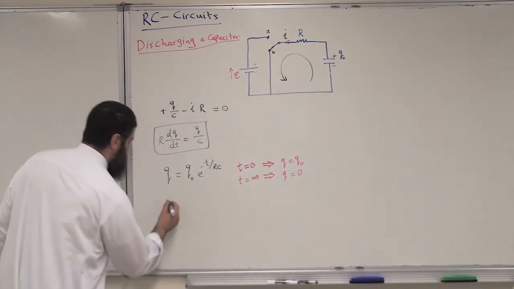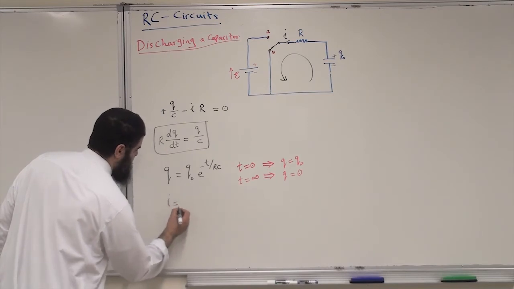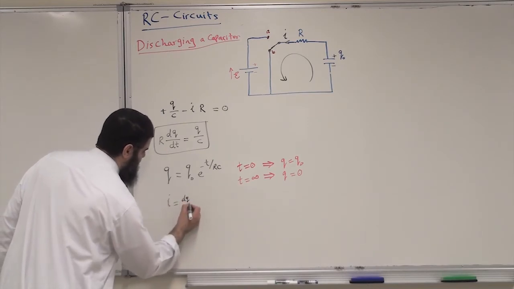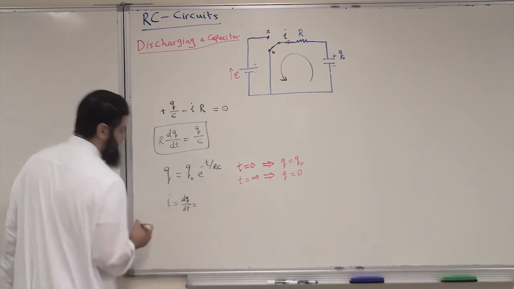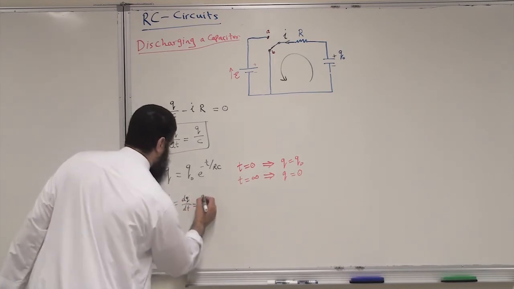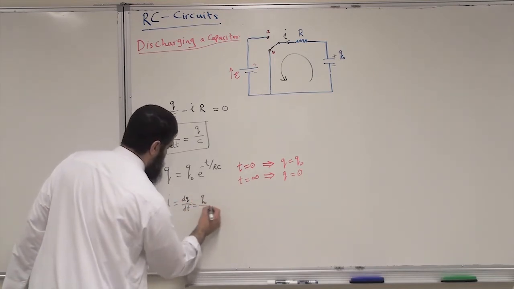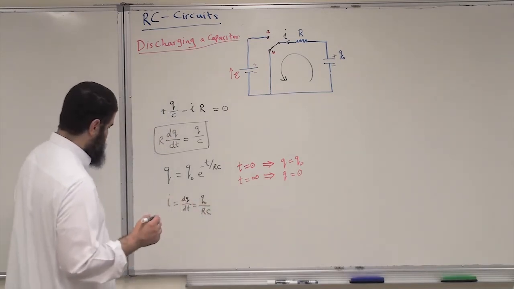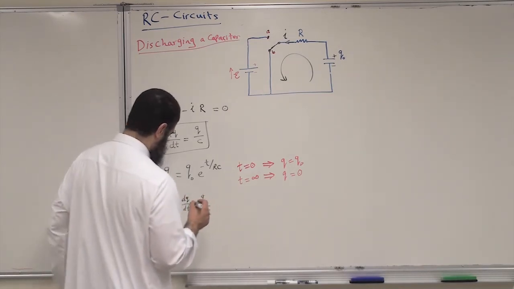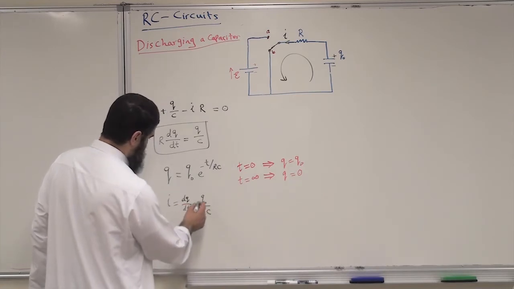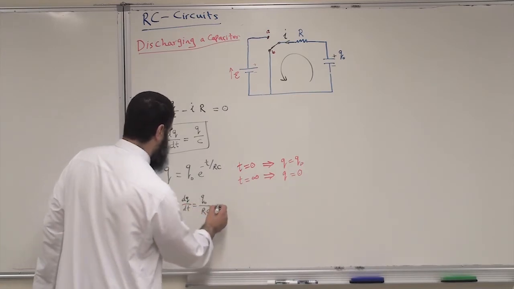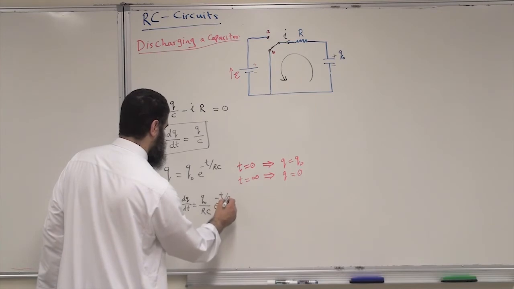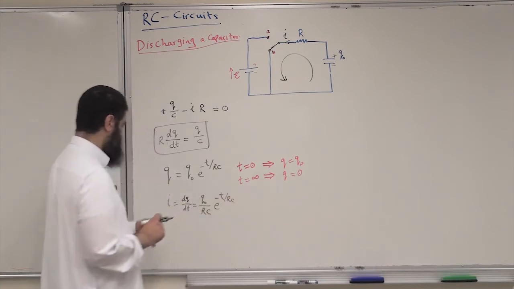What about the current? Current will be dQ by dt, and this can be written as minus Q0 over RC e to the minus t over RC. The minus sign tells you about the direction of the current. So both of them will be decaying.